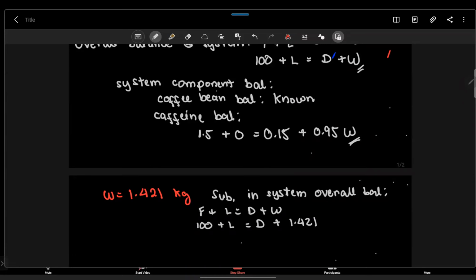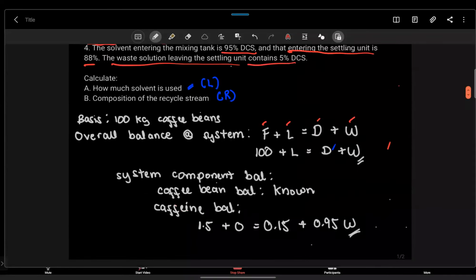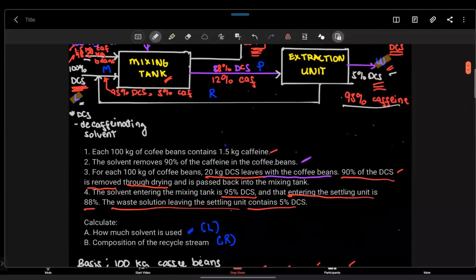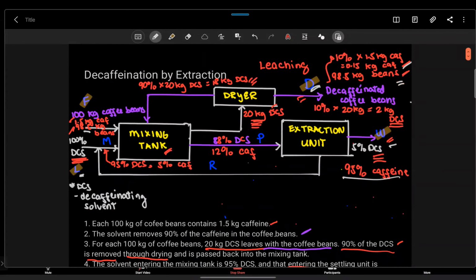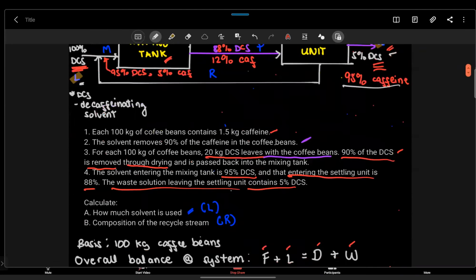Pero teka lang, di ba si D, we will go to the diagram here, eh alam na natin kung gaano kadami si caffeine. Alam na rin natin kung gaano karami yung coffee bean. Alam na rin naman natin kung gaano karami yung DCS. Iyan lang naman yung tatlong component doon sa ating stream, sa ating system. So if you add all these amounts in that stream D, therefore we will be able to get the amount of D. So let's write that down.